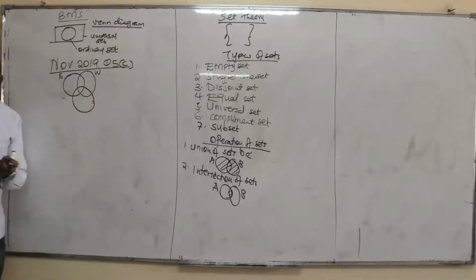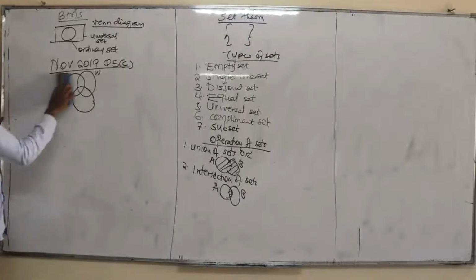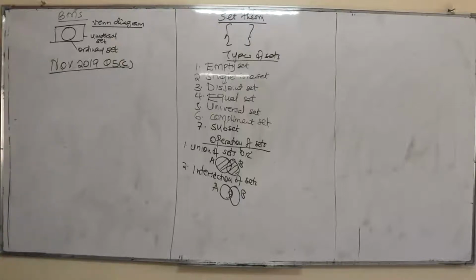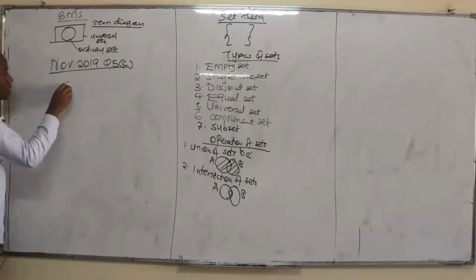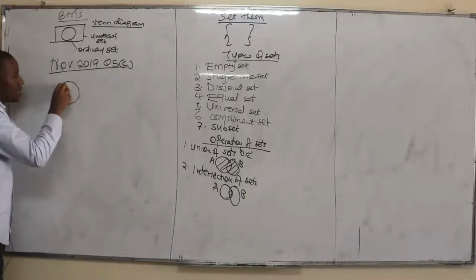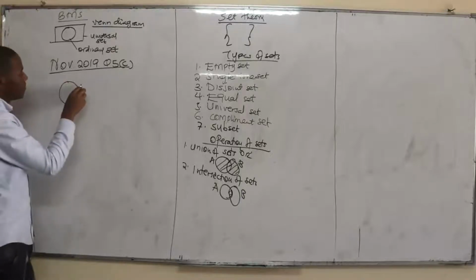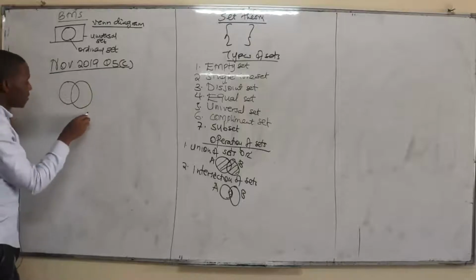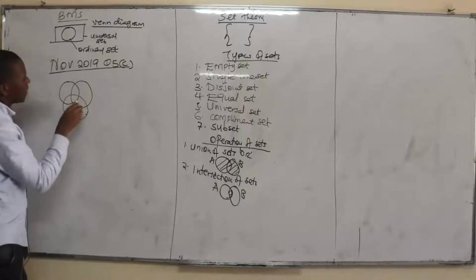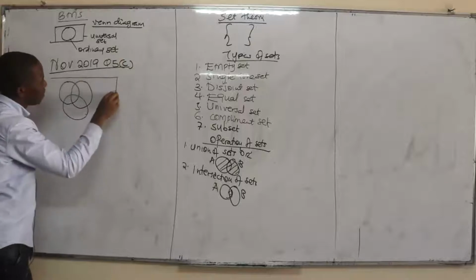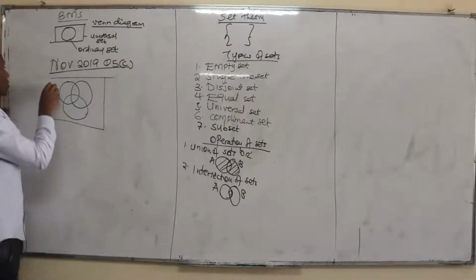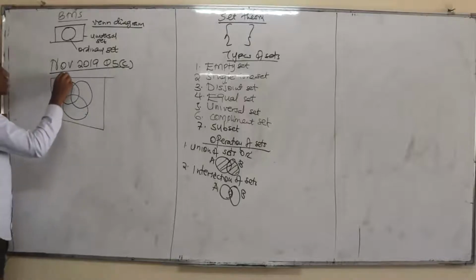Let me draw it a bit better. So I will have a set for the Eastern region, another one for the Western region, and another one for the Southern region. So in that case, this is now the universal set.